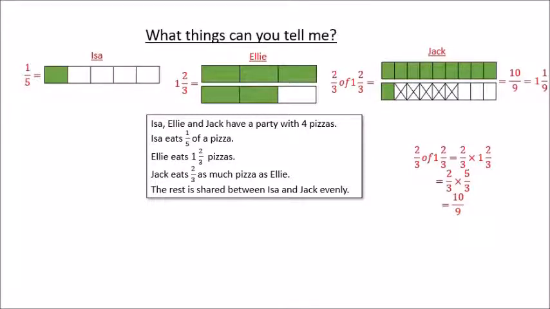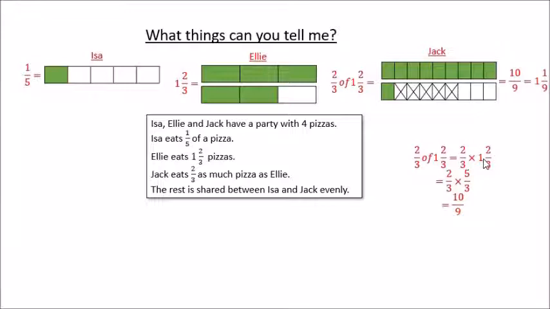So if you were to want to find out 2/3 of 1 2/3, then what we'd need to do is 2/3 multiplied by 1 2/3, because 'of' in maths is multiplied by. Now 1 2/3, we'd already figured out that that is 5/3, and you should be able to convert from mixed numbers to improper fractions by now.